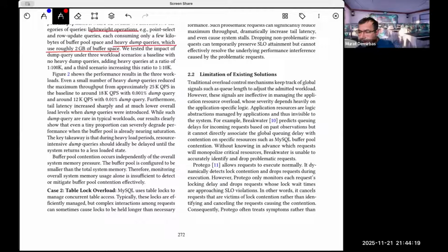One in 10,000. Yep. Furthermore, tail latency increased sharply and at much lower overall load levels when dump queries were introduced.